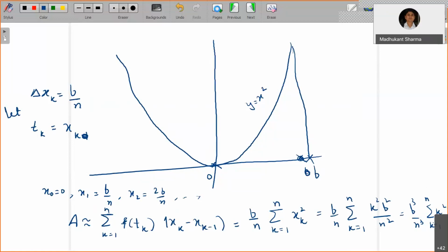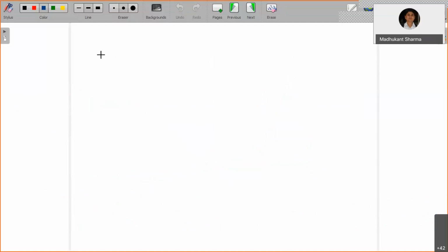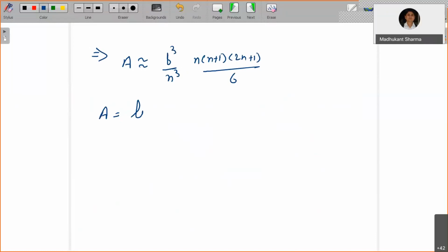So this implies that the area is approximately b cube by n cube times n into n plus 1 into 2n plus 1 by 6. I'm just using that formula. Now the area A is equal to the limit as n tends to infinity, or the maximum of delta x tends to 0, of this.